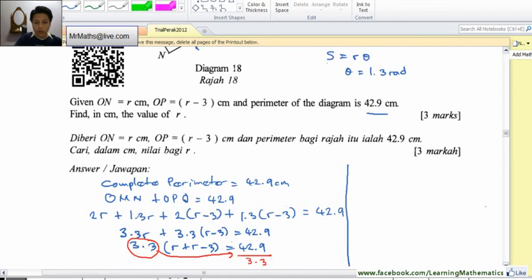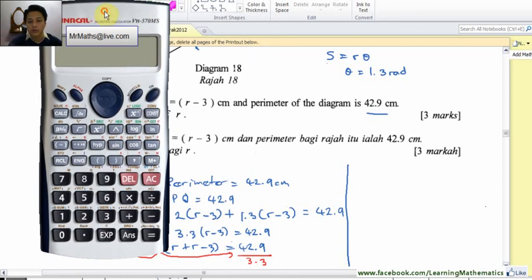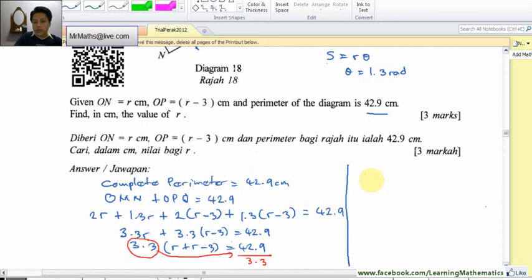Then 42.9 over 3.3, let's use our calculator. 42.9 divided by 3.3, that is equal to 13. Then 2r minus 3 is equal to 13. So 2r is equal to 16, because minus 3, if we move over to the other side, it becomes plus 3. Right? So it becomes 16.